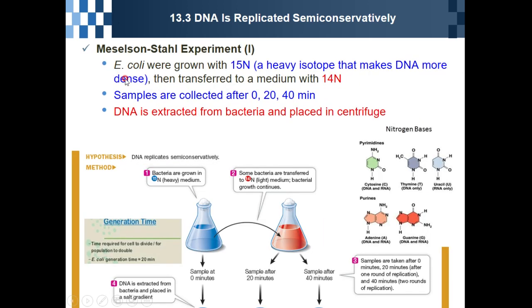Let me show some details of the experiment. Meselson and Stahl used a radioisotope of nitrogen. Usually nitrogen is nitrogen 14, but they used another isotope, nitrogen 15, a heavy isotope.